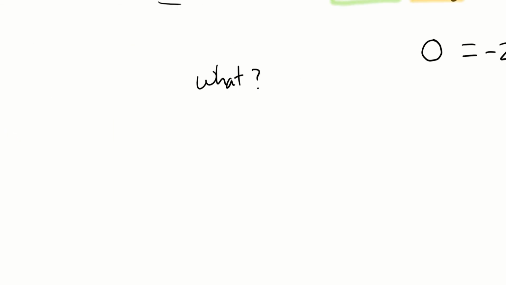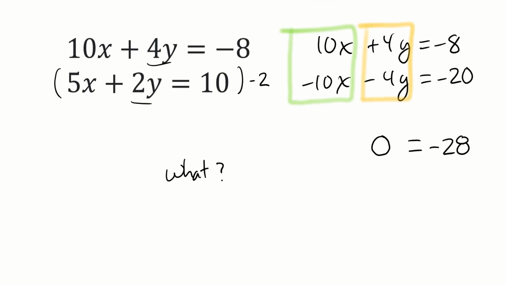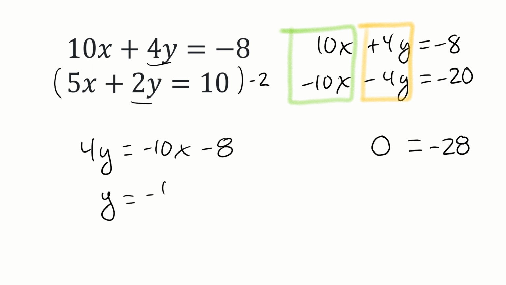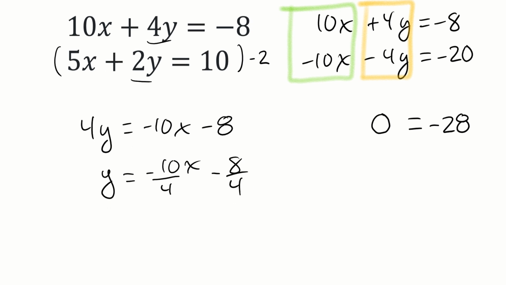Okay, so I'm going to take these two equations and I'm going to rewrite them in slope-intercept form. That first equation would become 4y equals -10x minus 8. And if I divide both sides by 4, it's going to become y equals -10x over 4 minus 8 over 4. And if I simplify that, y is equal to -5 halves x minus 2.